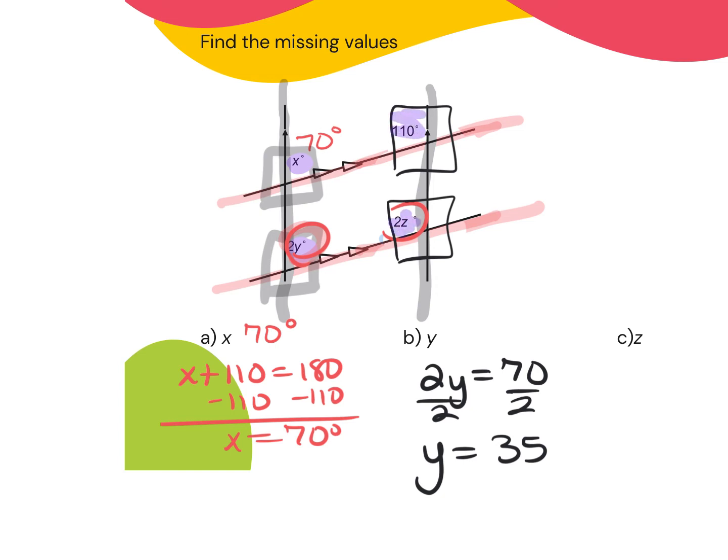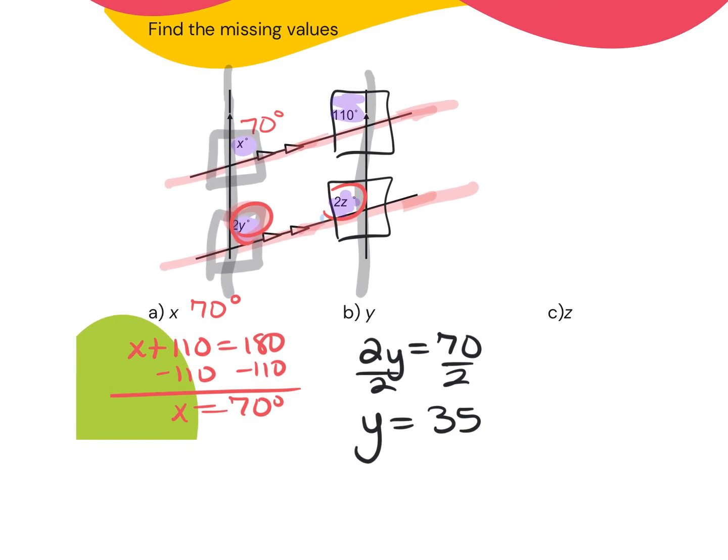So that's what I'll do here, I'm going to use the fact that these are corresponding. So I'm going to set 2z equal to 110, divide by 2, and z equals 55 degrees. Actually, z is just 55. Once we times it by 2, then it's 110. So z equals 55.